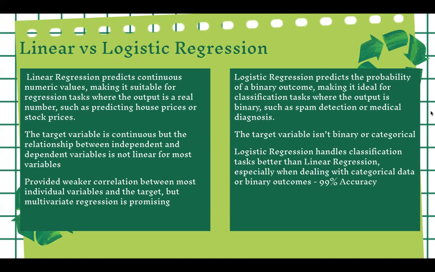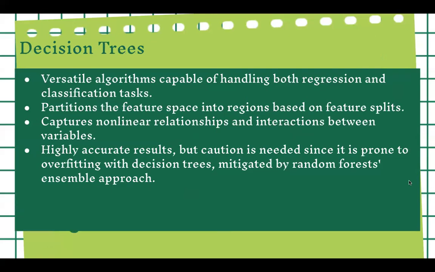Once it was created, though, it was highly accurate at 99%, showcasing the strength of logistic regression. When you compare the two, although linear provided a weaker correlation between most individual variables and the target, the multivariate regression was promising as two of the combinations provided a very high, strong correlation and great predictive quality in terms of the testing set.